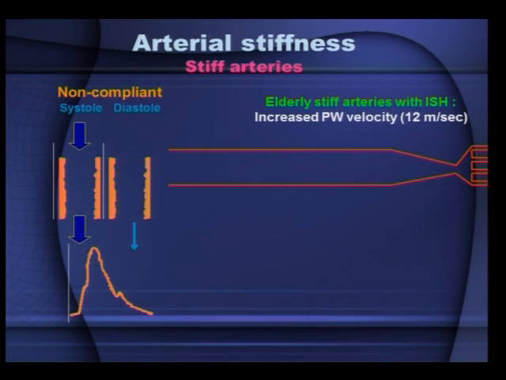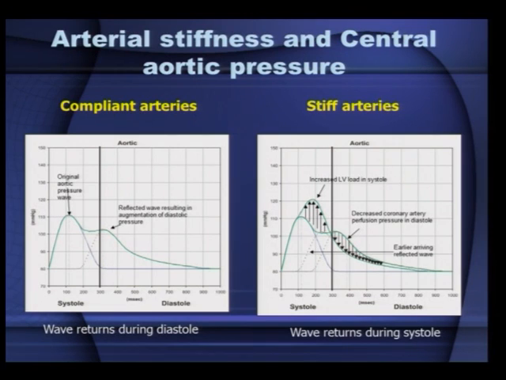Now you see, we are just measuring the blood pressure at the brachial artery, how much we can miss in certain individuals. When the reflected pressure wave comes back in systole, it increases the load on the myocardium. It causes LV hypertrophy, and it increases myocardial oxygen requirements. That is the difference between a compliant artery and a stiff artery.